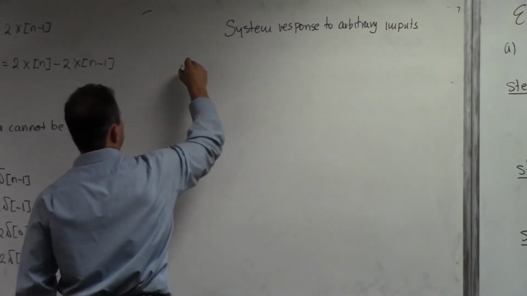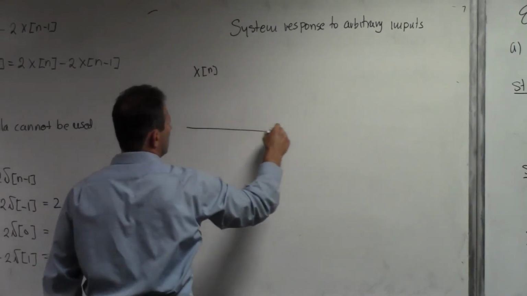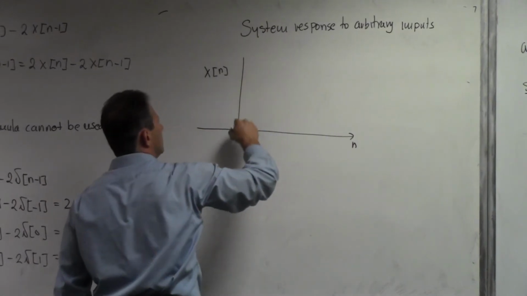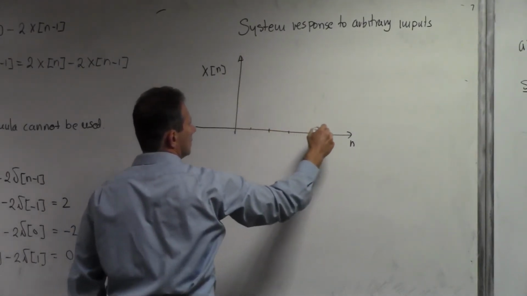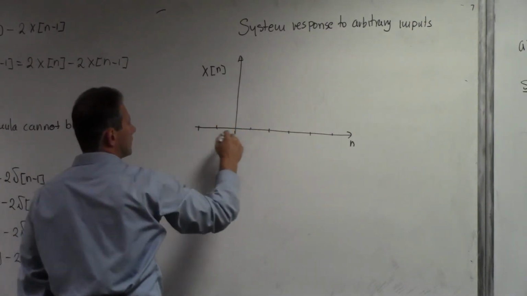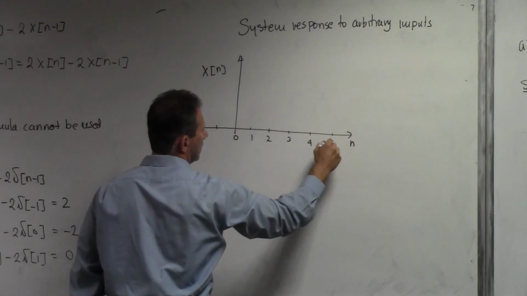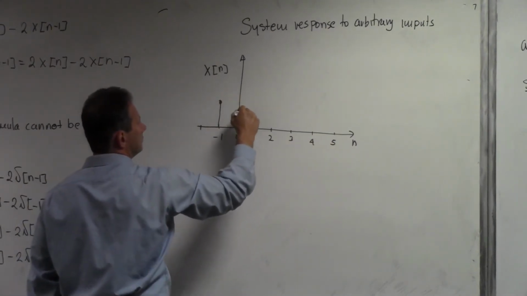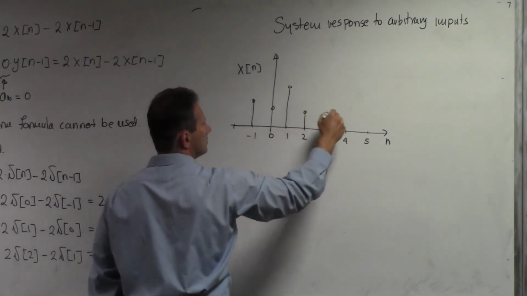So here's a picture of x of n, and it's here it is even more evident than in the case of a continuous system. But let's just write this out. So this is 1, 2, 3, 4, 5, minus 1, and this is your x of n, having all of these values at different points.